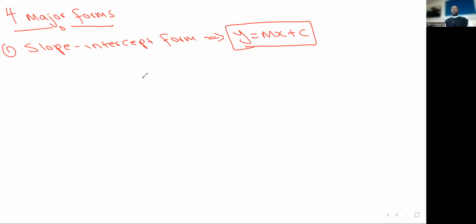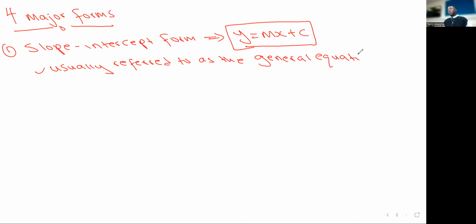Now, the slope-intercept form is usually referred to as the general equation of a straight line.